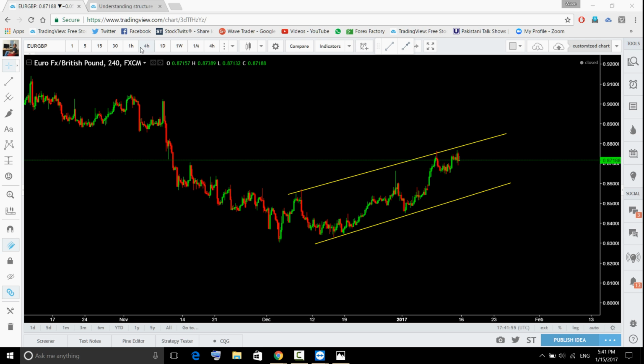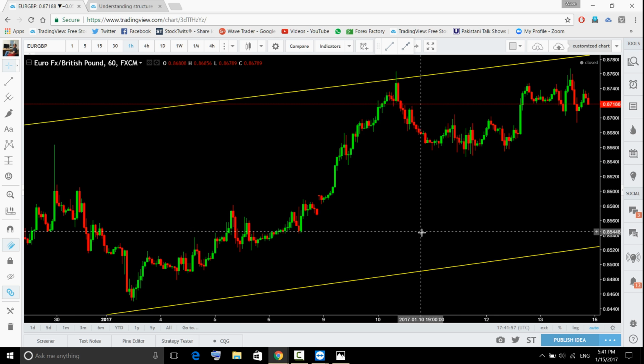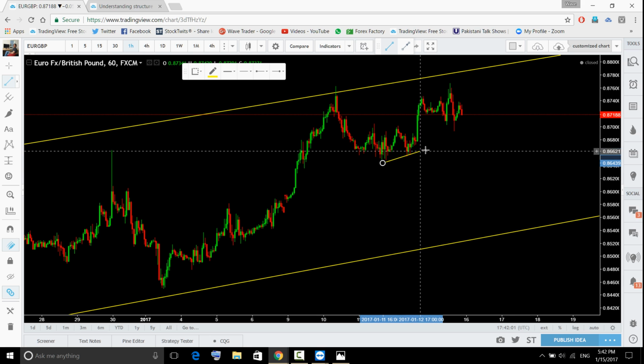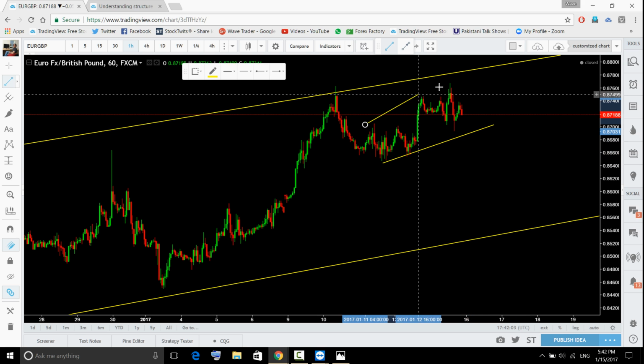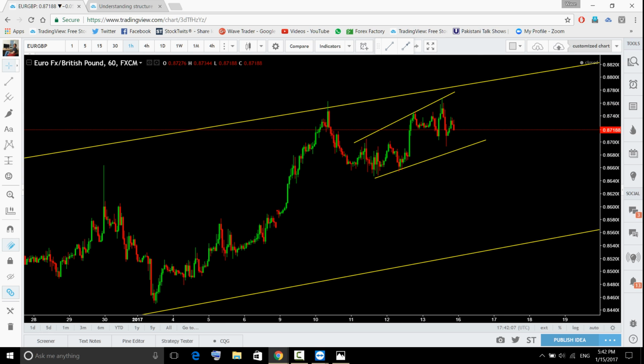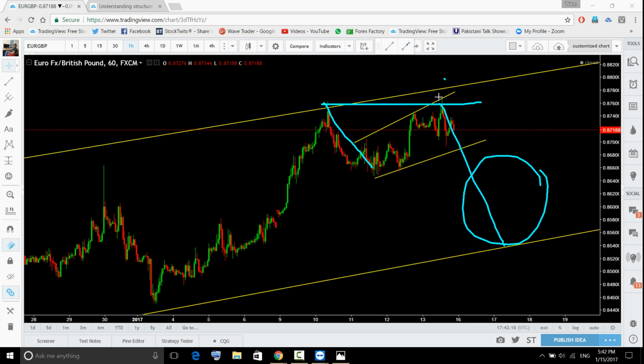There was a trend continuation pattern, and that trend continuation pattern is still there. This trend continuation pattern will be violated once price closes above this move. I'm still looking for the downside as long as price stays within this channel.